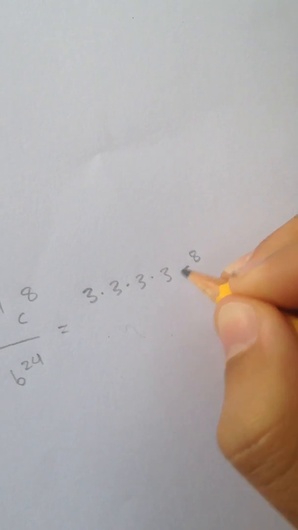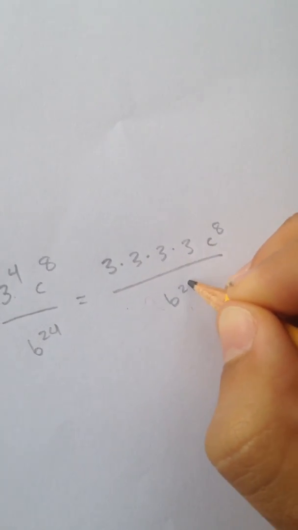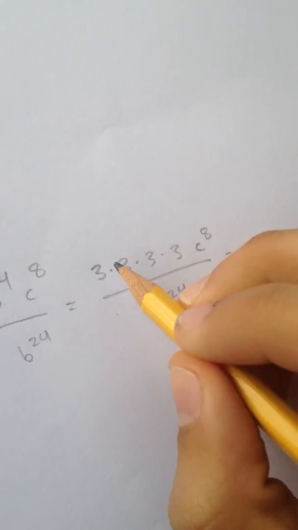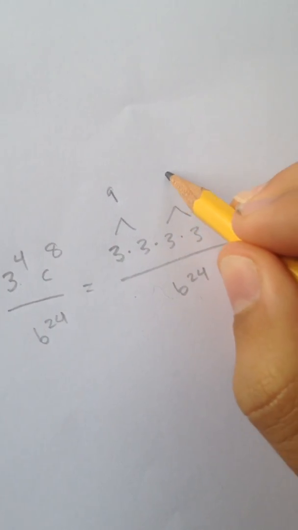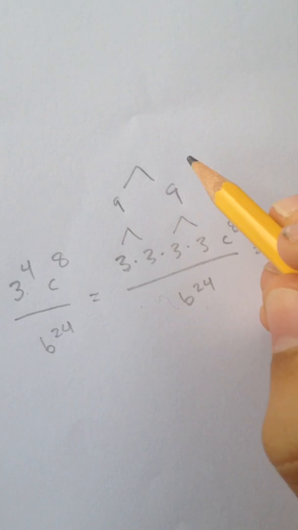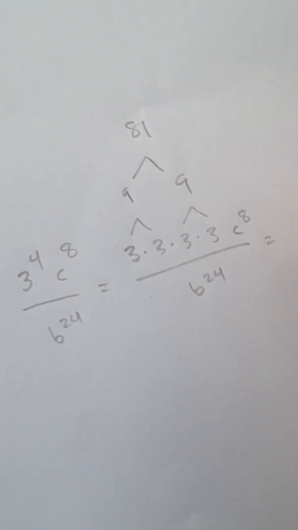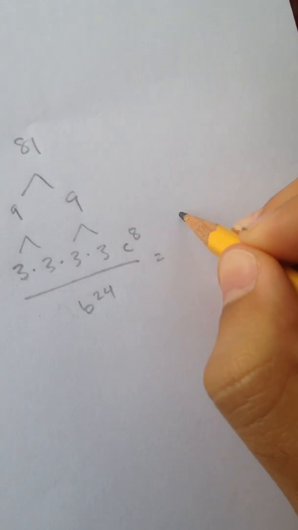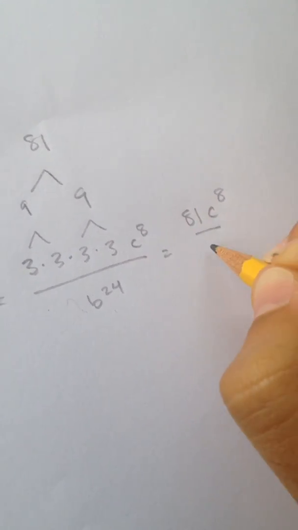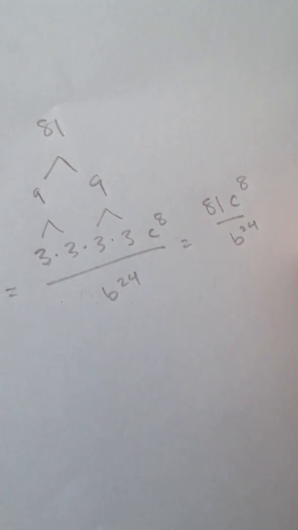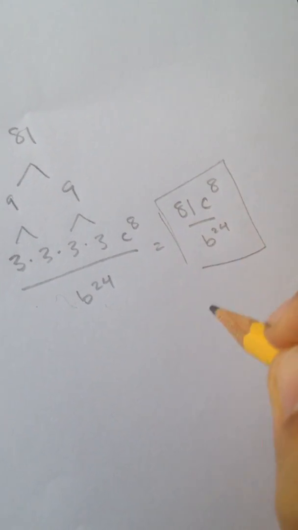Then everything else. 3 times 3 is 9. 3 times 3 is 9. 9 times 9, 81. So 3 to the 4th power is 81. And everything else comes along. And that's our answer.